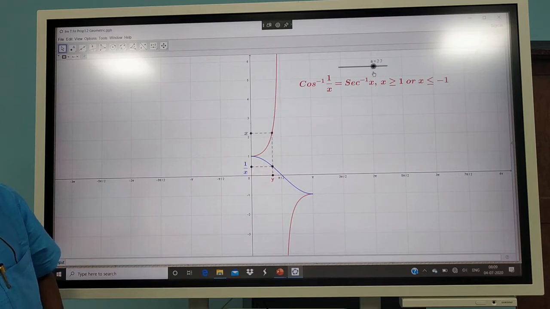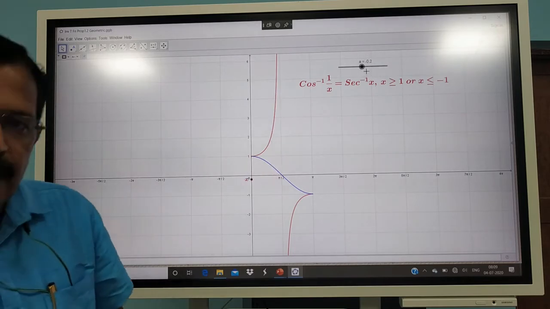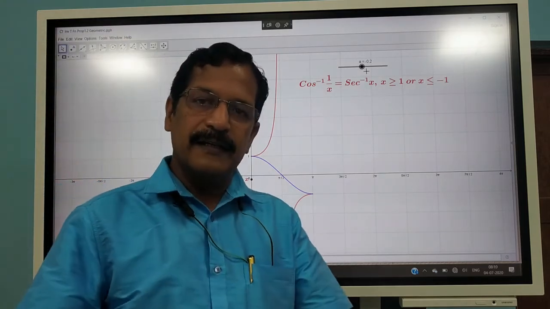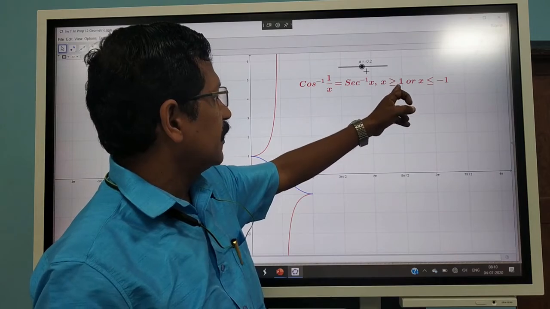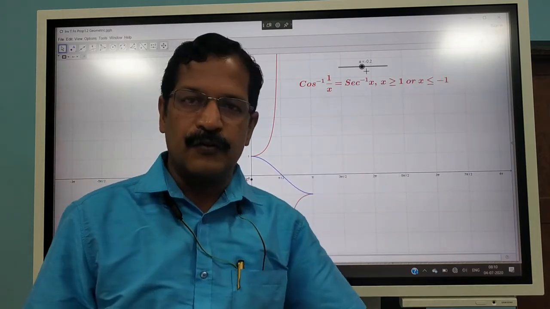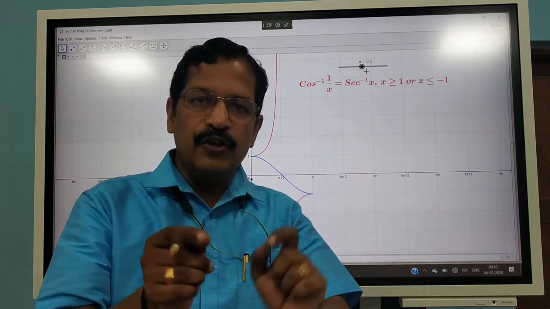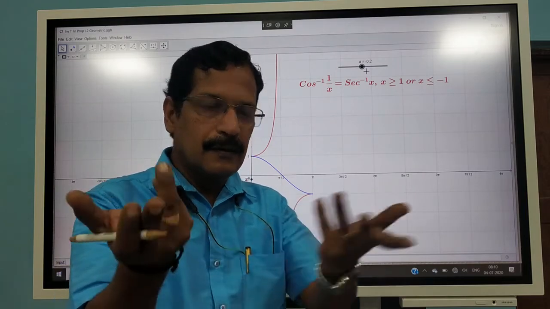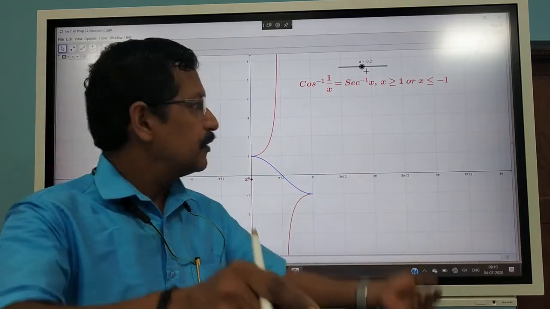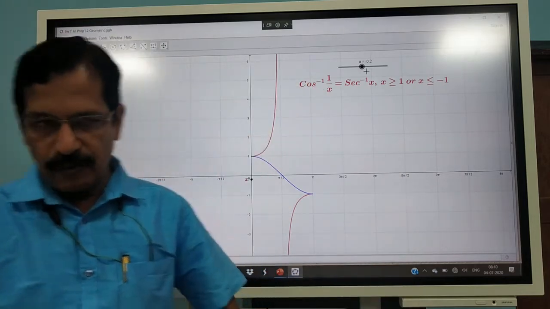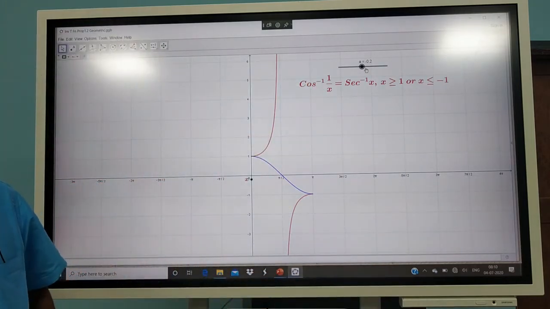Now what happens on the left-hand side, that is, less than 1 and greater than minus 1? The domain is x greater than or equal to 1 or x less than or equal to minus 1. If I take a value between minus 1 and plus 1, we cannot find a point here, because it is not in the domain of sec inverse. So let us go to the next.